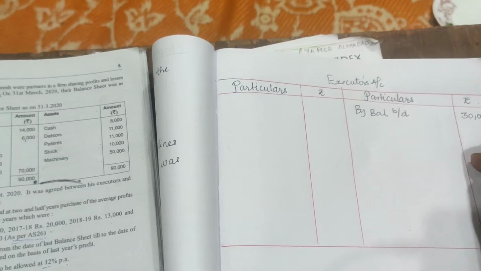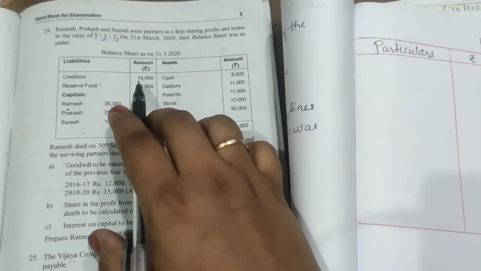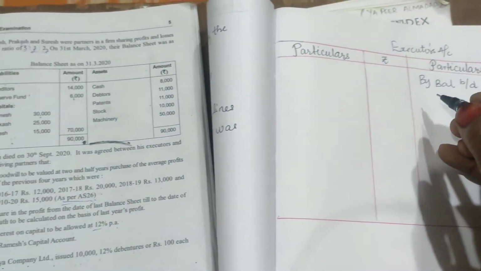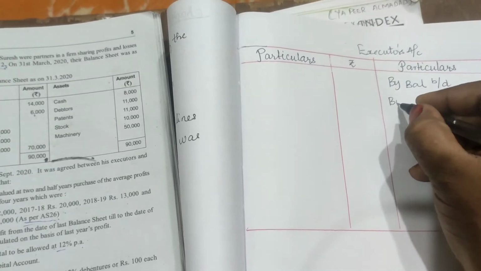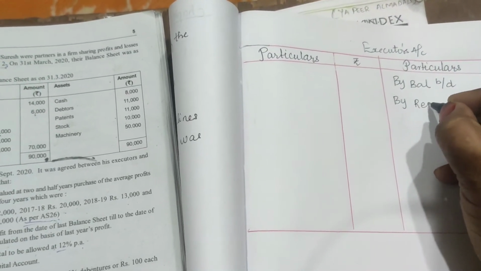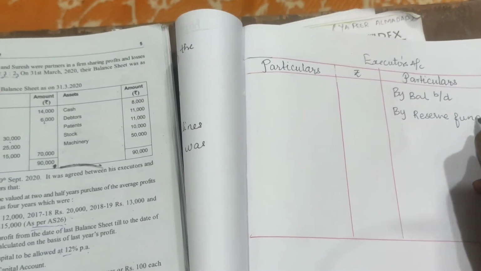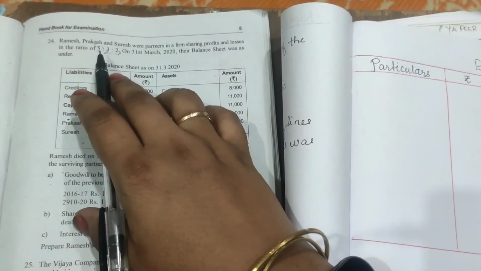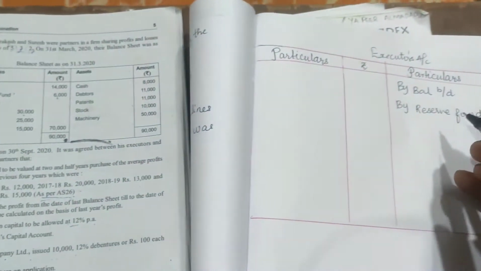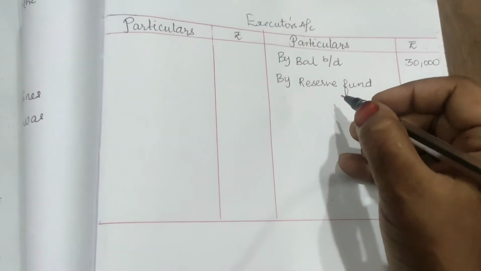After this you need to check if there is a reserve fund. Yes, there is a reserve fund. By reserve fund: what is his profit sharing ratio? It's 5:3:2, and the reserve fund is 6,000.